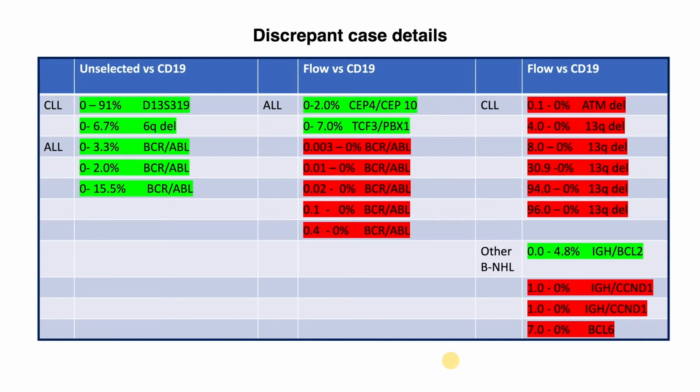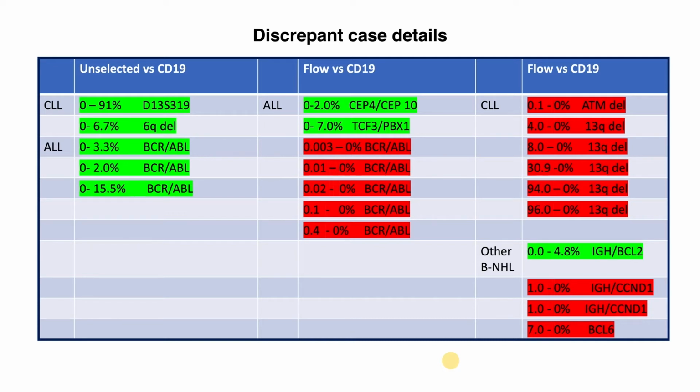So this points to the challenge that CD19 FISH in this category is not useful in very low frequency of flow positivity or MRD positivity.